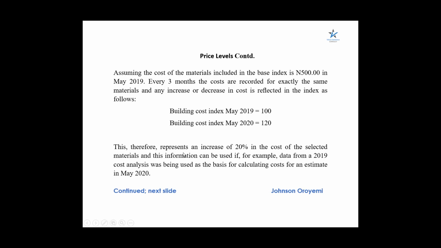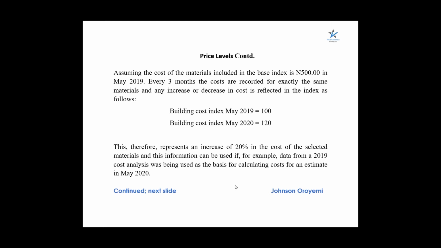And what this means is that it represents an increase of 20% in the cost of the selected materials. This information can be used if, for example, data from a 2019 cost analysis was being used as the basis for calculating cost for an estimate in 2020.